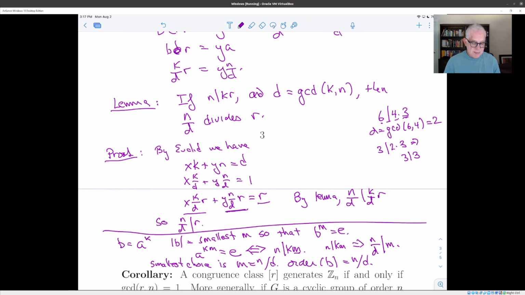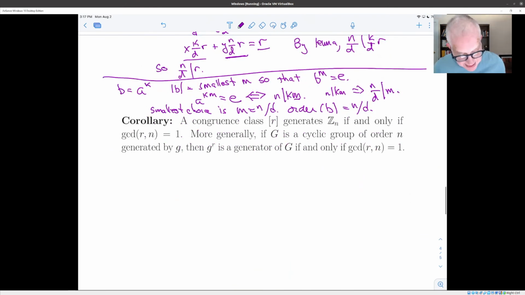N over D is the smallest thing we can multiply K by, so that K times N over D is a multiple of N. And a corollary of this is that we have a generator R of Zn if and only if it's relatively prime to n, or more generally, if you have a cyclic group generated by G, then G to the R is a generator if and only if the power R is relatively prime. It has no factors in common with n, which is the order. And we saw this for Z12.